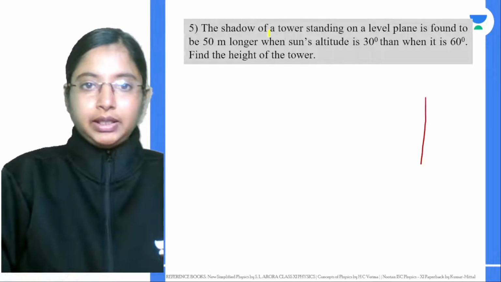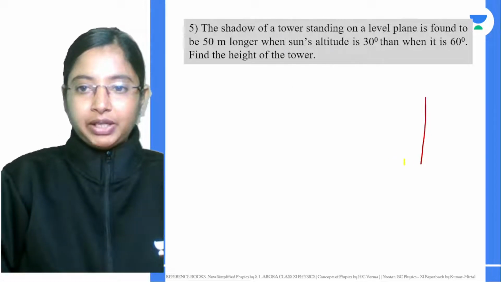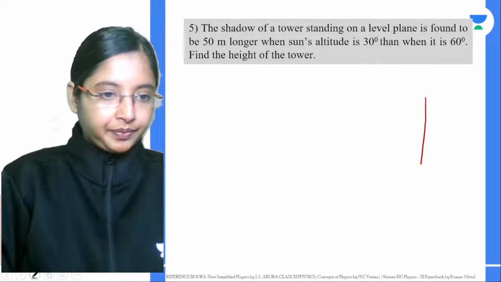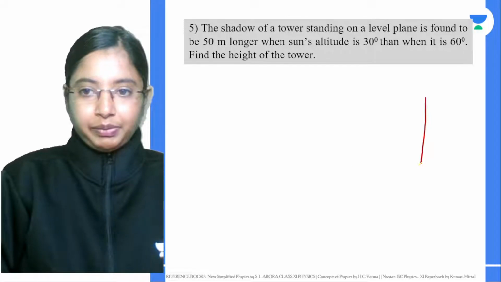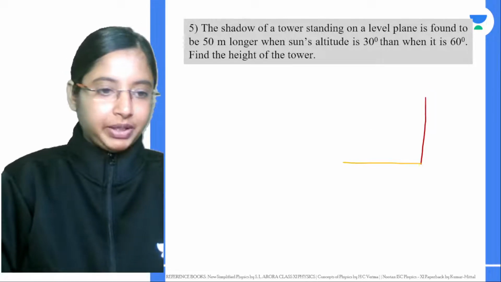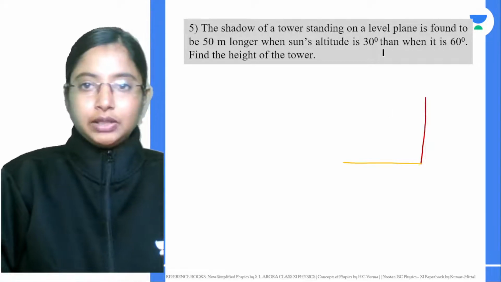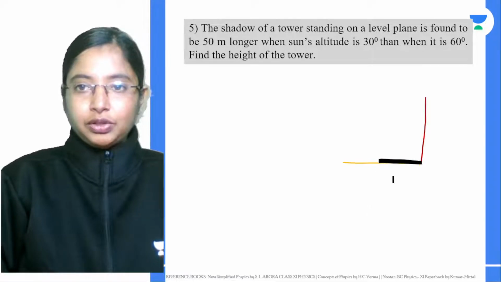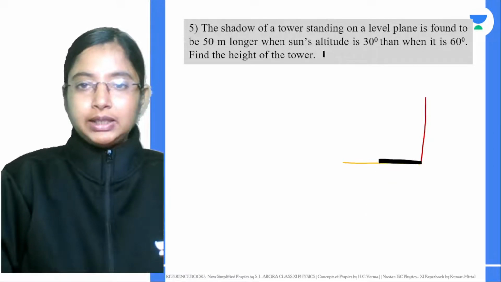The shadow of the tower is on a level plane, so let's draw the level plane as well. Now, the shadow of this tower falls on this level plane, over here, in such a way that the sun's altitude matters.